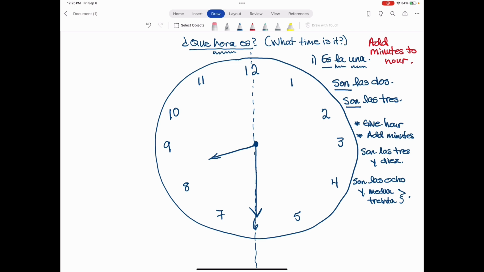All right, let's move over to the big hand on the other side of the clock. Okay, what if it is, let's say, 10 minutes until 2 o'clock? So your little hand is almost on the 2, but not quite.